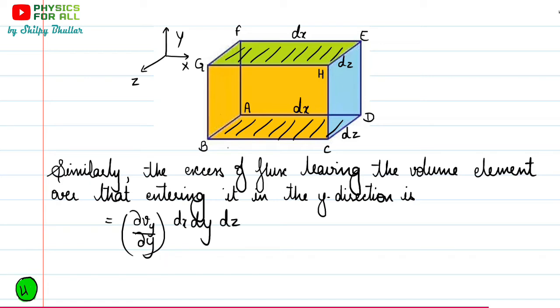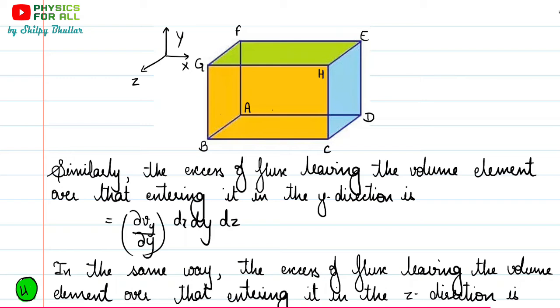Now which direction is left? Z direction. So let's solve for that too. For the z axis, what would be the faces involved? Can you tell me? Which faces are left? Obviously, we have 6 faces of a cuboid. We have talked about 4 faces.